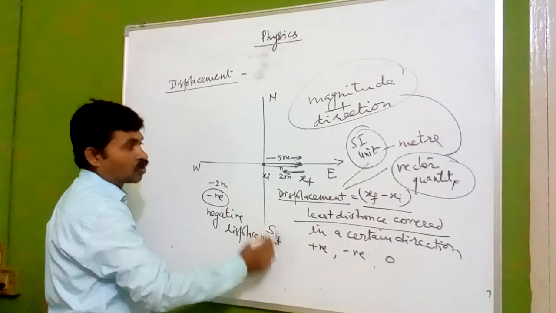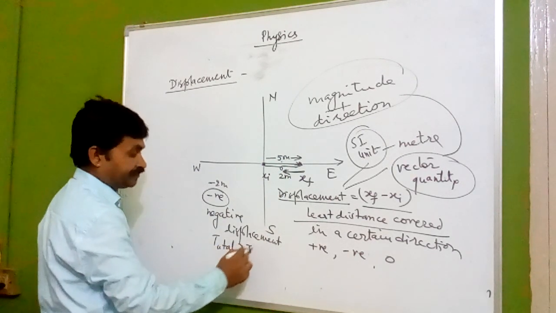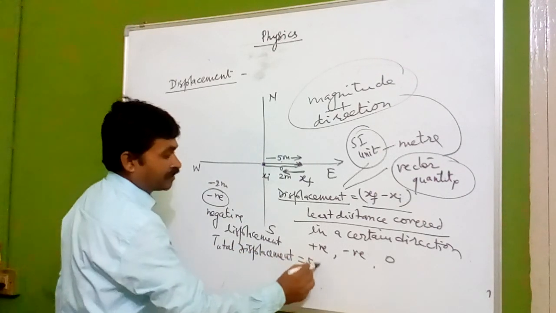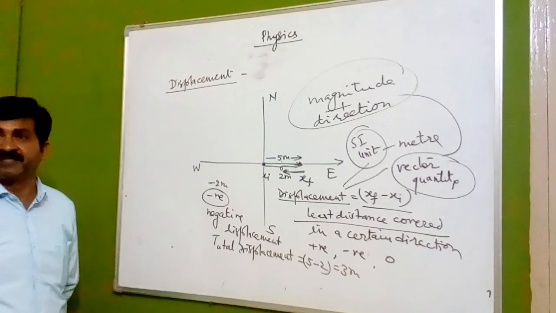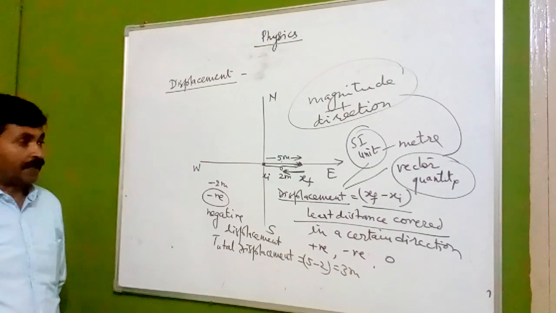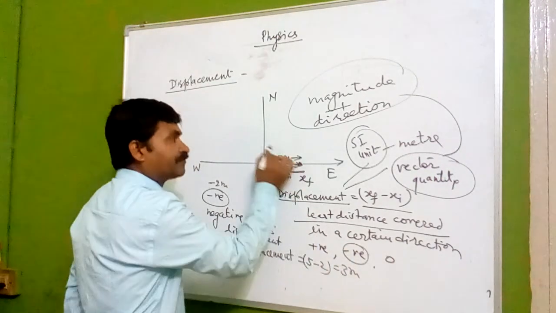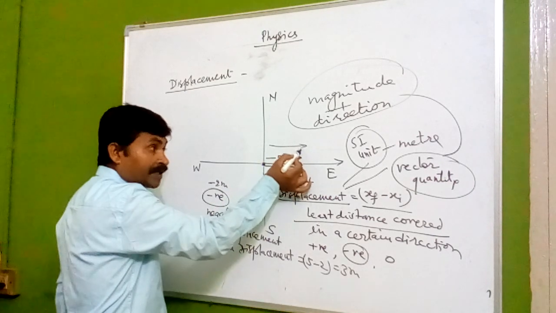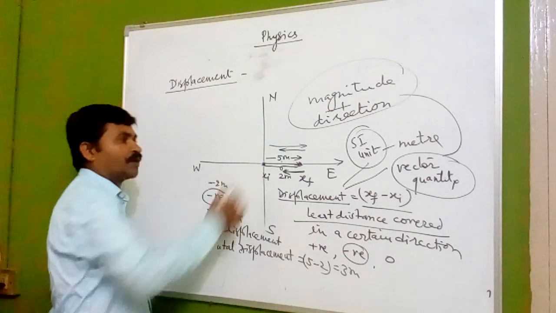So total displacement will be 5 minus 2, that is 3 meter. Okay. So displacement is positive if we are moving in this direction, and if we are moving opposite to the direction of the previous movement, then it is going to be negative.